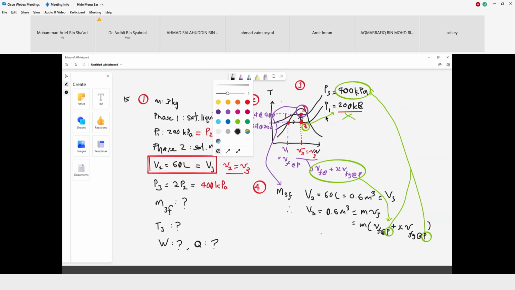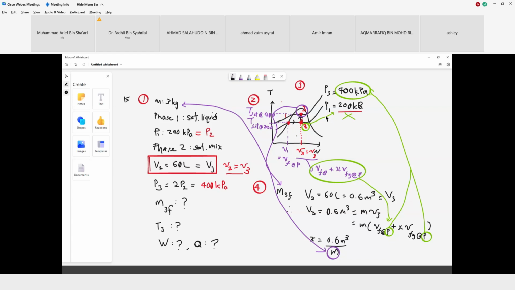So quality x equal to what? 0.6 bahagi mass. Mass adalah per kilogram. Mass is 3 kilogram.